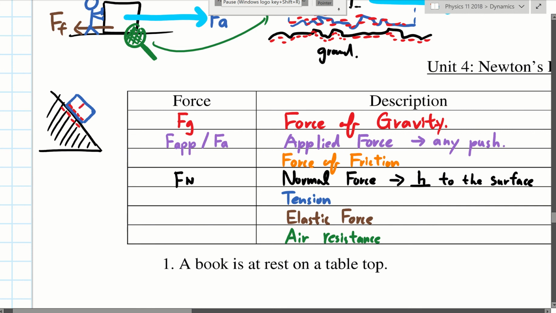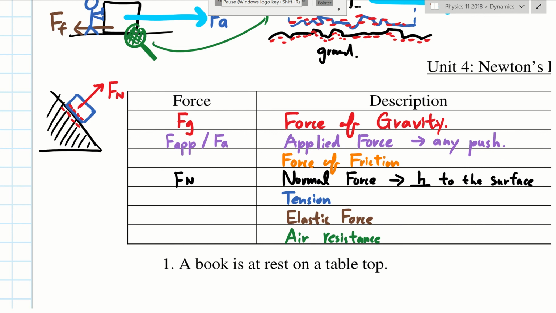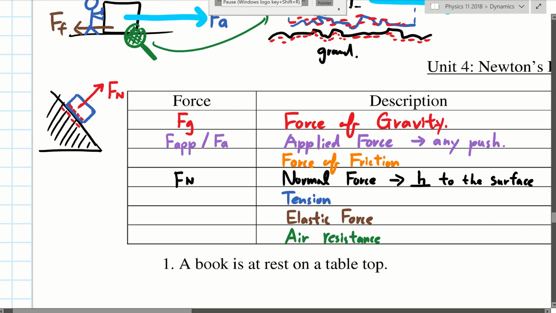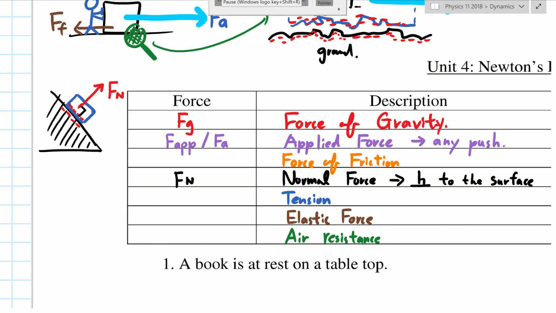So which direction is the normal force? Perpendicular to the electron-electron interface. So your normal force should be this way. Remember, normal means perpendicular. What are we perpendicular to? We are perpendicular to the surface. Whatever surface you have, we are perpendicular with the surface. So it is not always pointing up. For us in physics 11 it's almost always pointing up, but it doesn't have to be.